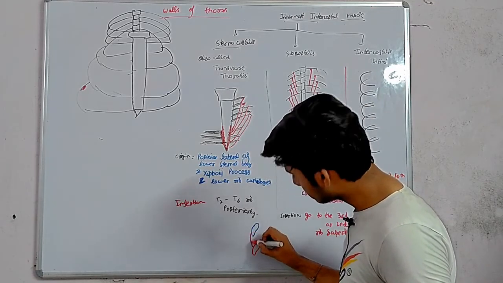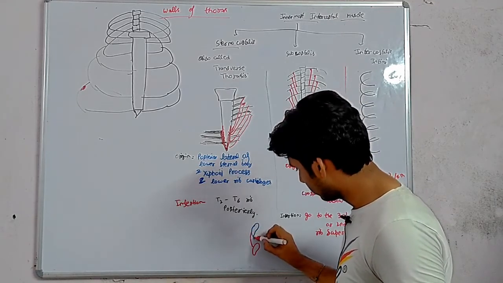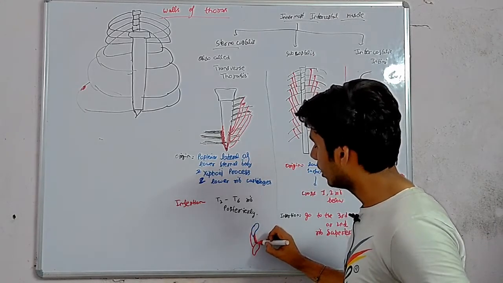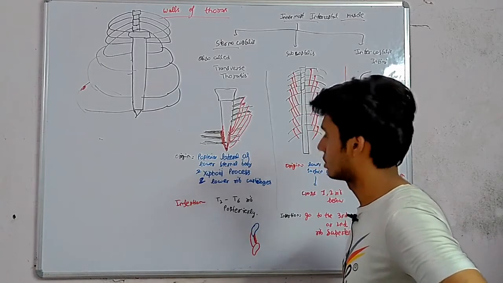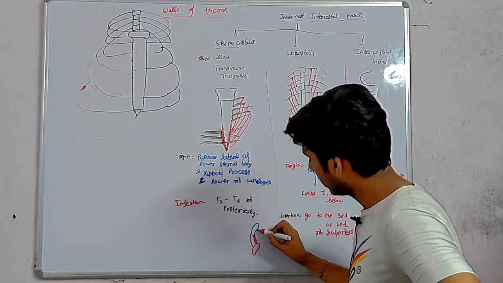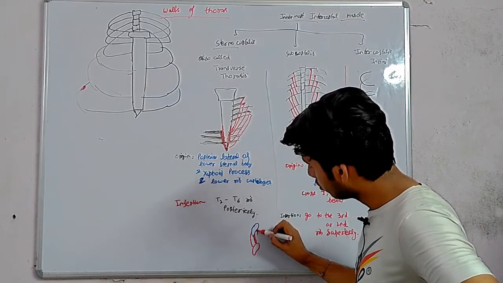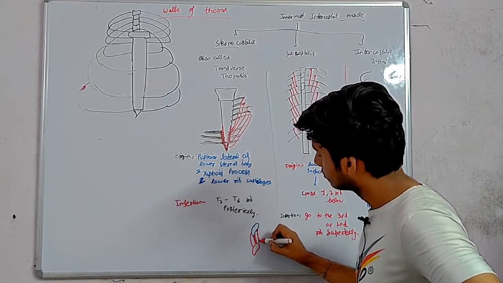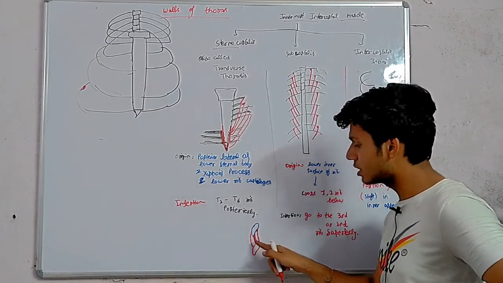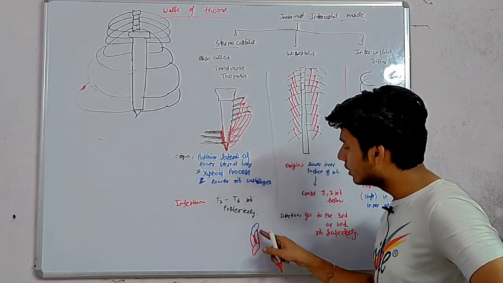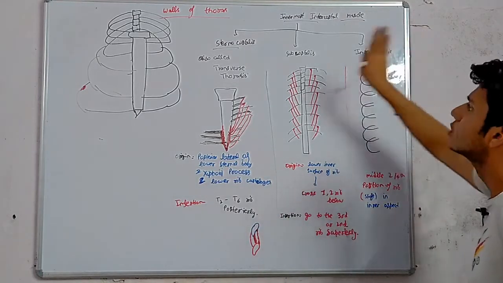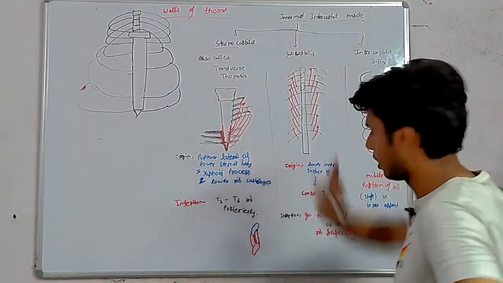Here this is the external intercostalis, this is the internal intercostalis, and this is the innermost intercostalis, which includes subcostalis, sternocostal, intercostalis intimae, whatever.